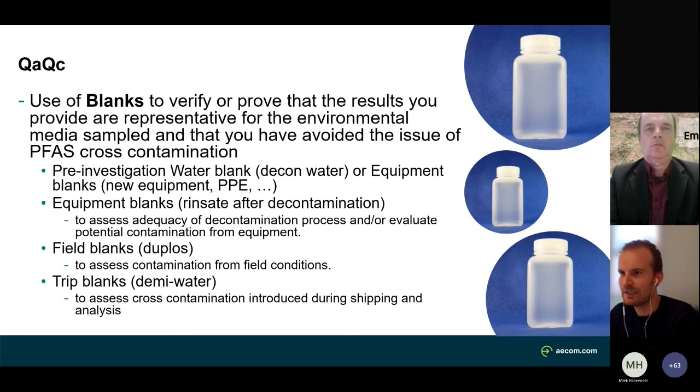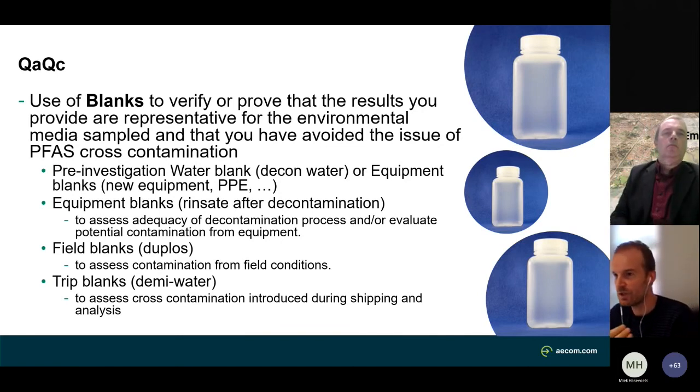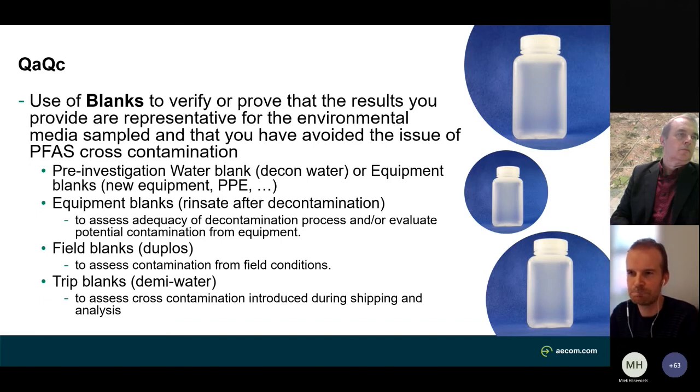It's good to implement a check after that process by, for example, rinsing your hand auger with the PFAS-free water or demi water, collecting it, sending it to the lab and checking it. And if it's non-detects of PFAS, it can be a certainty that your decontamination was done correctly.